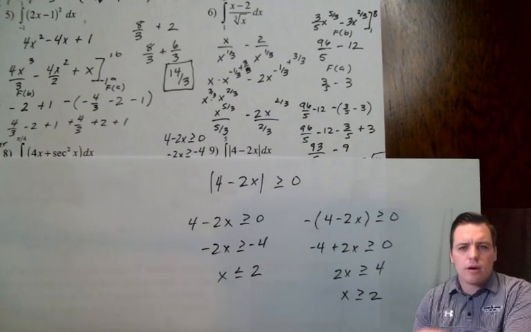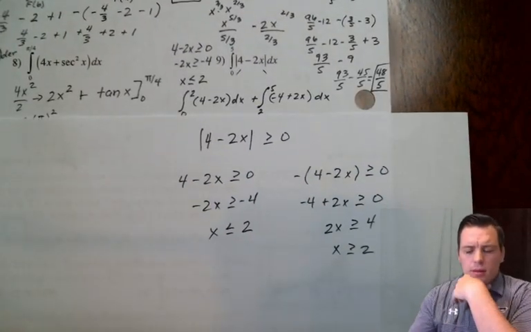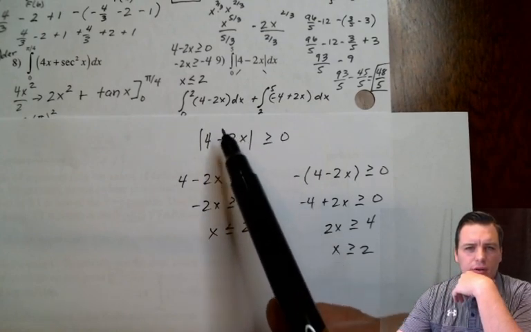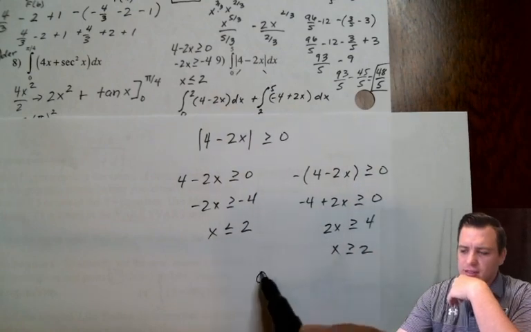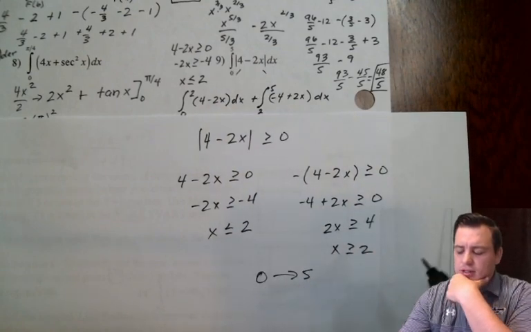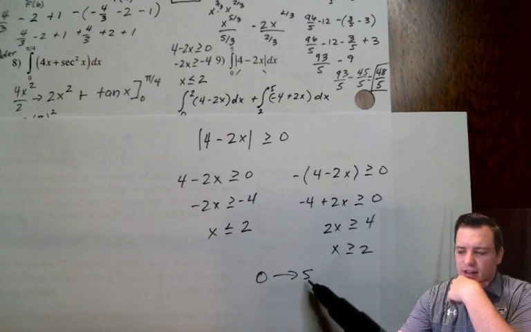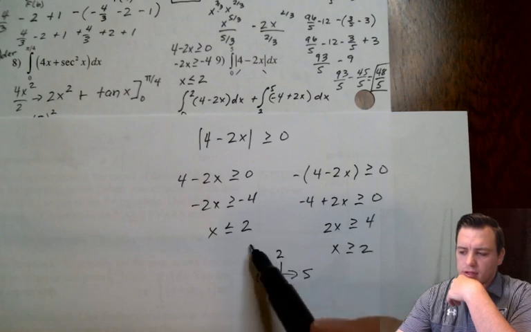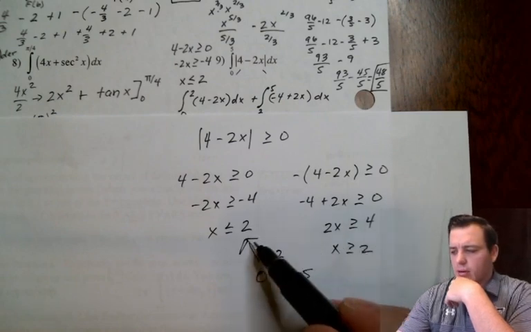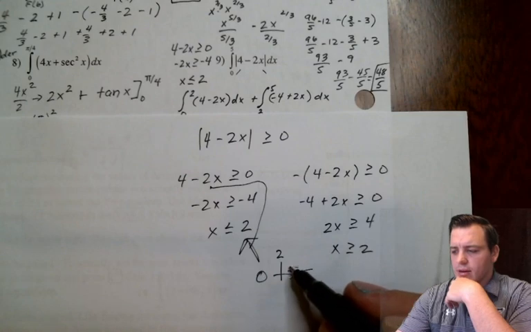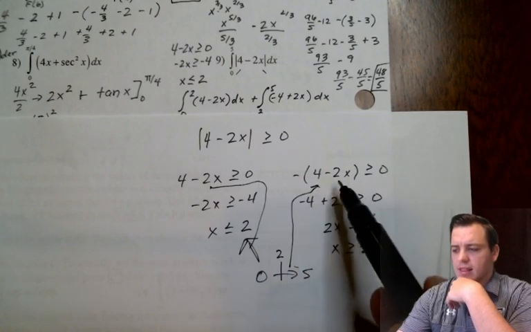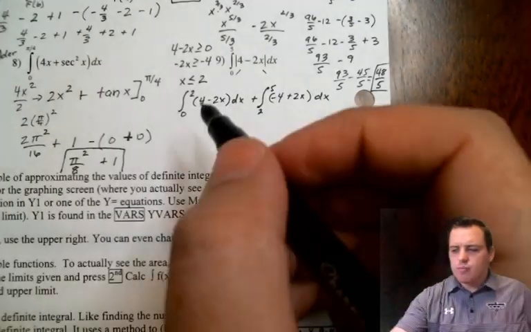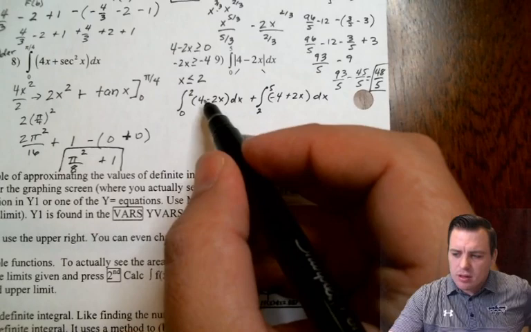All right, so if our integral is from 0 to 5, we're going to use this one for 0 to 2, and then from 2 to 5 we're going to use that one because this represents everything from 2 to 5. So then we just break them down like this.